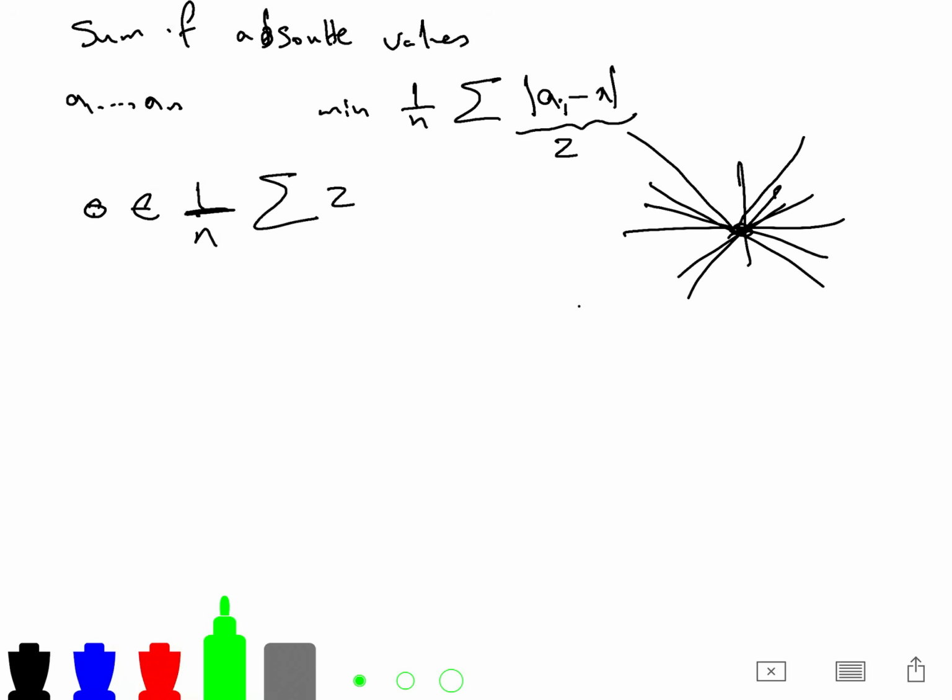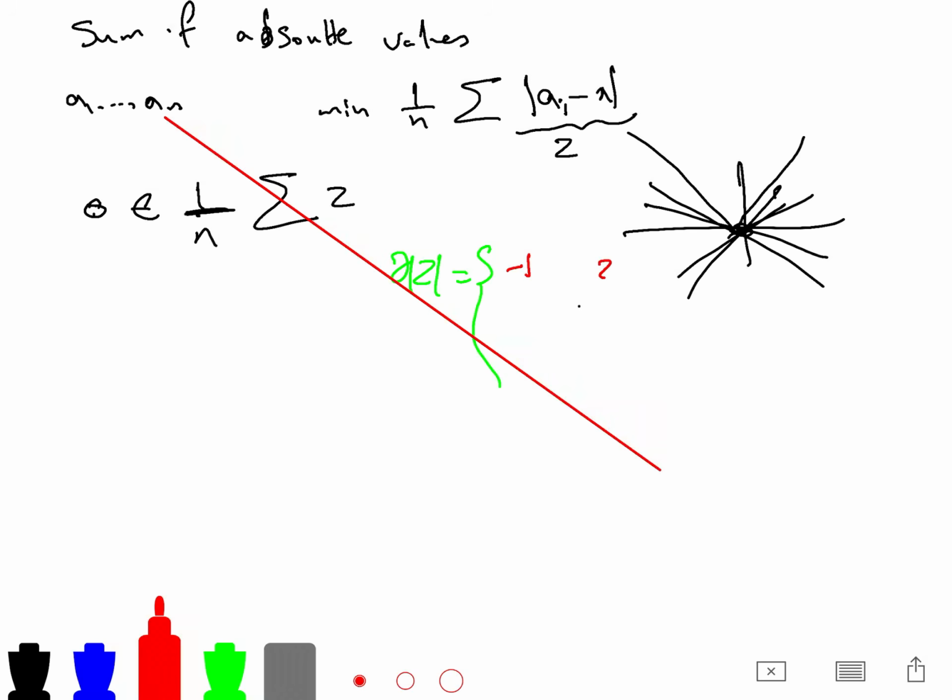So you can write that the subdifferential of the absolute value of z is equal to minus 1 if z is less than 0, plus 1 if z is greater than 0, and if z is equal to 0, at the non-differentiable point, it is anything in the interval between minus 1 and 1.